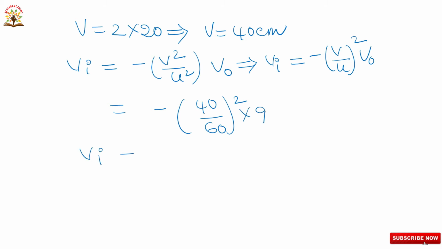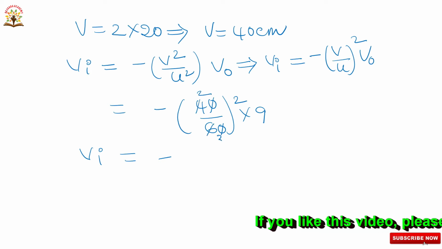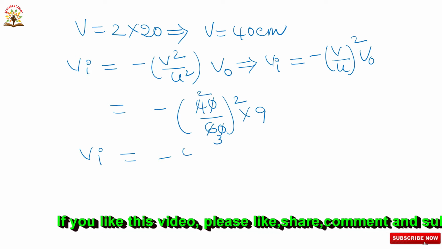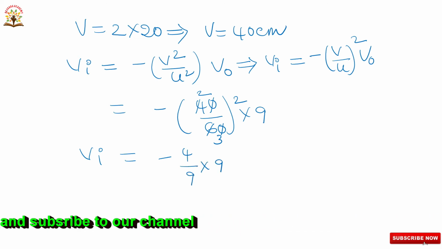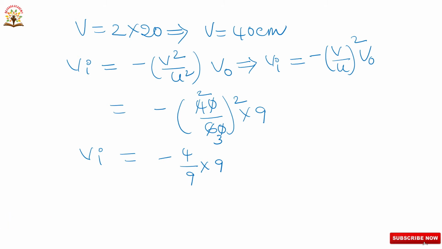So vi is equal to minus, the 0s get cancelled, 2 by 3 whole square, 2 square is 4, 3 square is 9, into 9, the 9s get cancelled, and vi is equal to minus 4 centimeters per second.